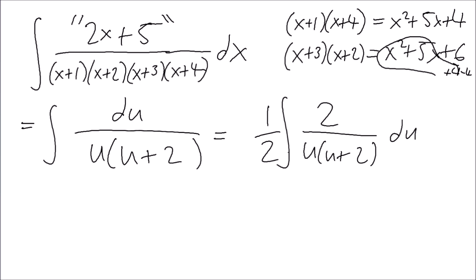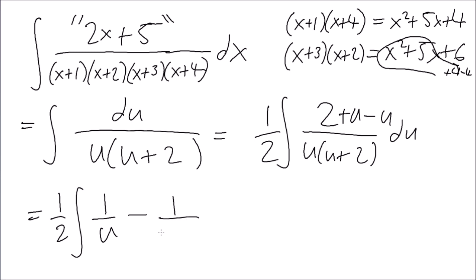Okay? And then you can go like this. Okay, so then this is 2 plus u minus u. So this cancels out and this cancels out. Awesome. And then I get 1 over u minus 1 over u plus 2 du.